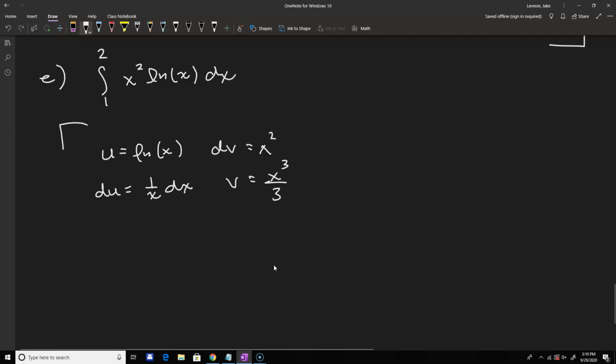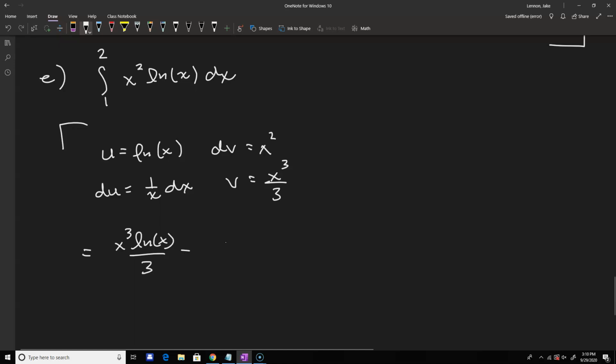So now that we've got those parts set up, we're ready to do the integration by parts. So our integral here is u times v, which is x cubed over 3 times the natural log of x. You can write that all as one fraction if you want. It's up to you. It kind of looks a little messy. So sorry, x cubed natural log of x over 3, multiplying the u and the v.